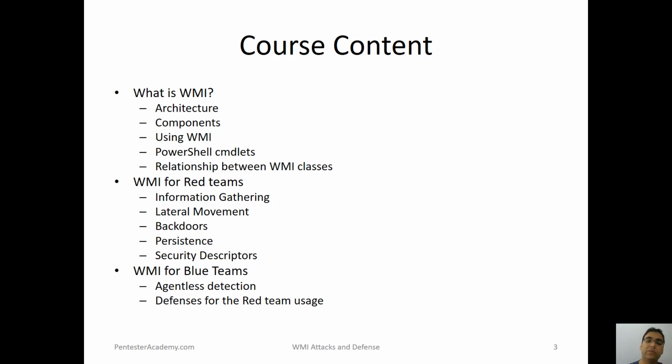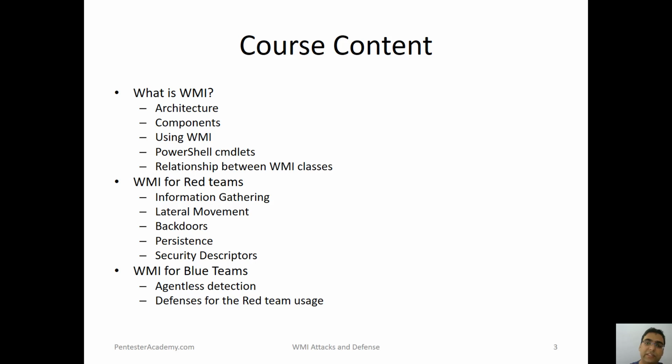I have separated backdoors and persistence into two topics because in the case of persistence, we would be discussing mostly the WMI events, which we will not discuss in the backdoors part. So persistence would be that.